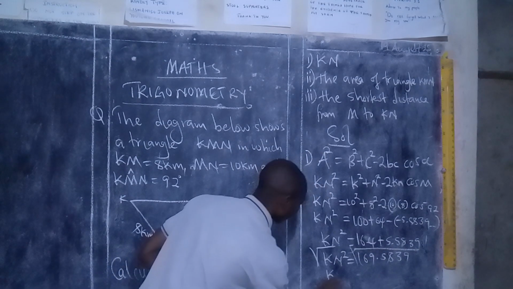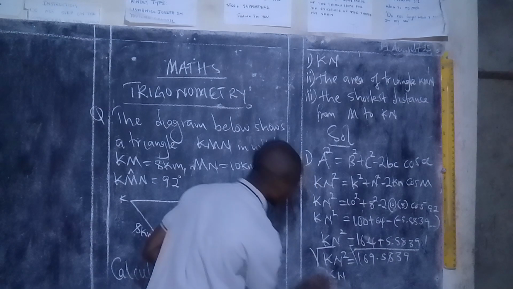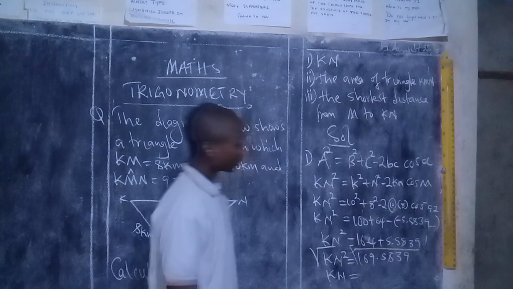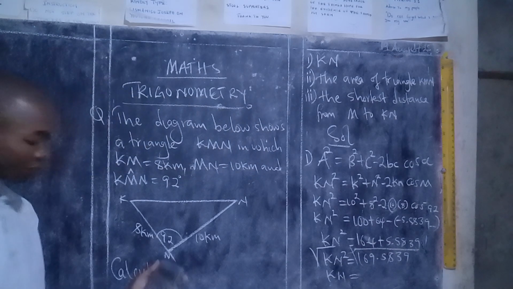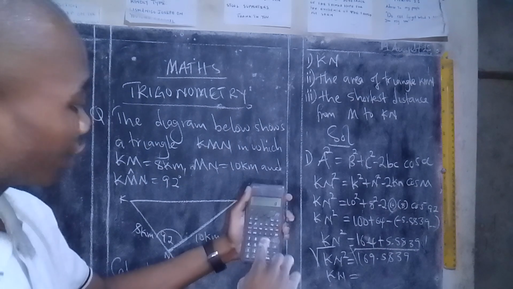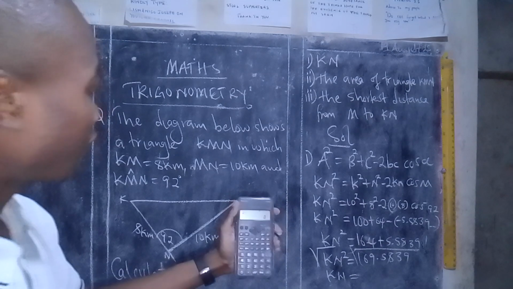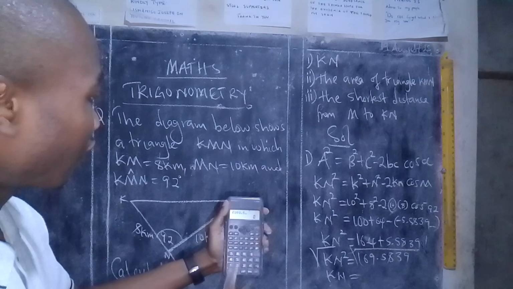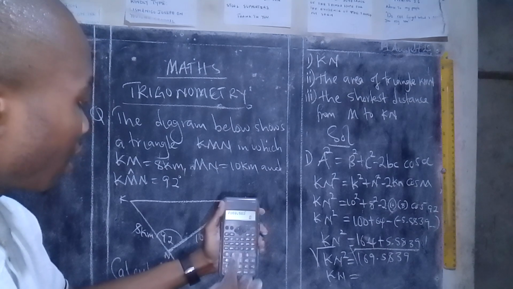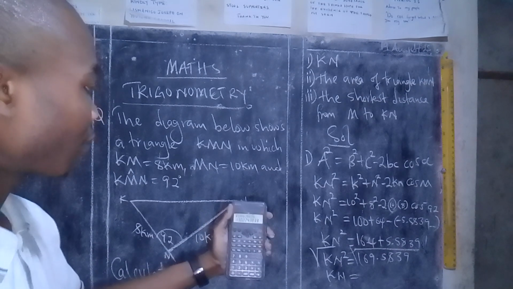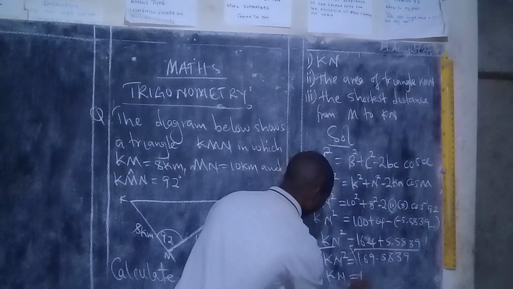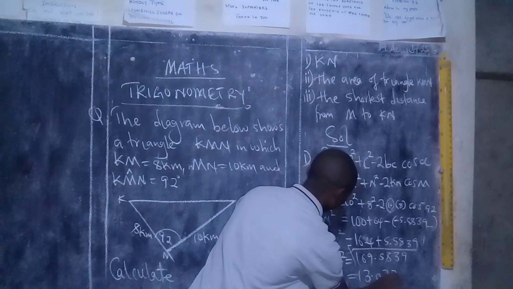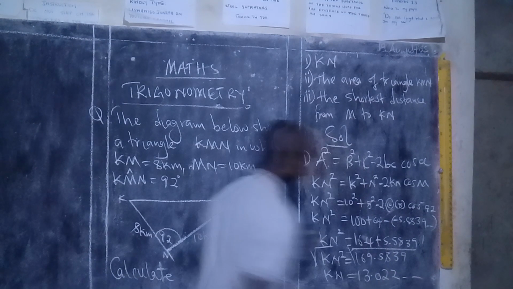So you say KN is equal to the square root of 169.5839. We can show it on the calculator. That is the square root of 169.5839, which will give us 13.022.